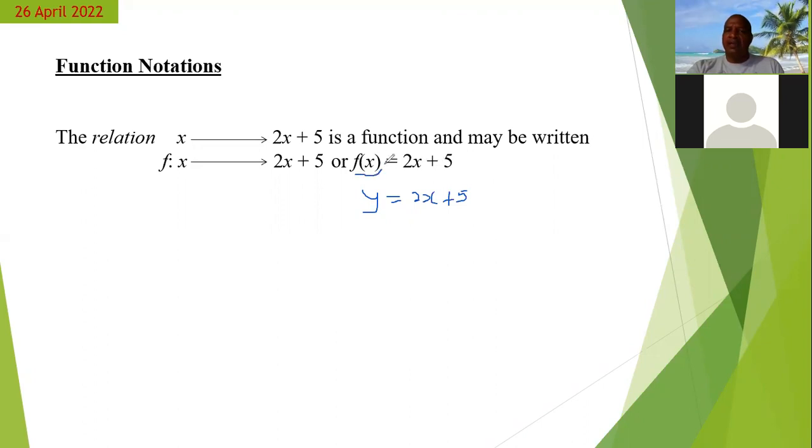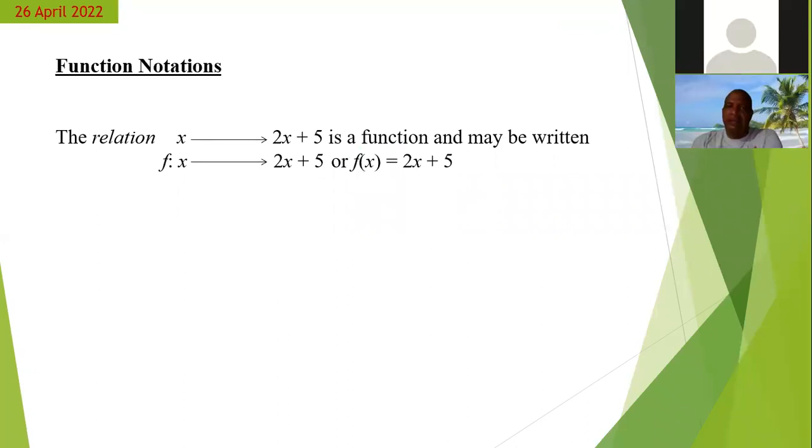And in that case, we refer to them as functions. So we will write them in the form f of x equal to 2x plus 5, or f such that x is mapped onto 2x plus 5. But remember now, guys, if you see this, it is the same thing as writing an equation when you have y equal to something. Is that clear, guys? Everybody, raise your hand.